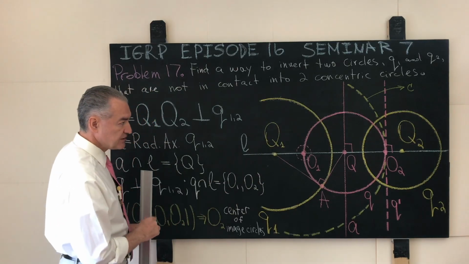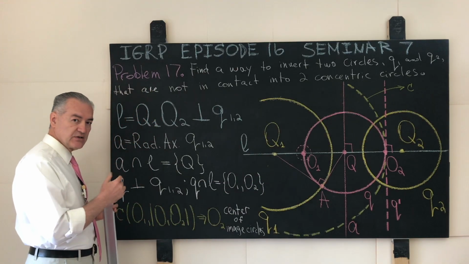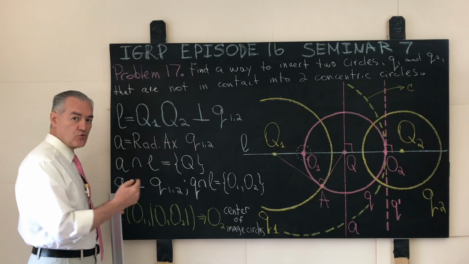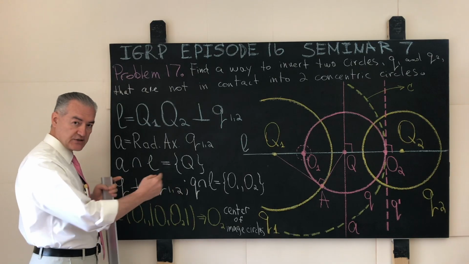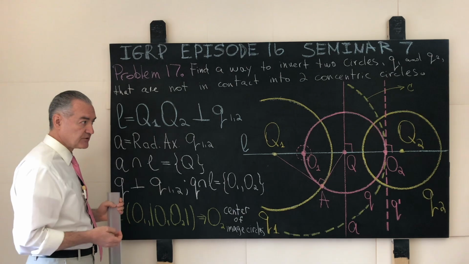The question is, how do we limit, or how do we enforce that merging process of two distinct points into one?